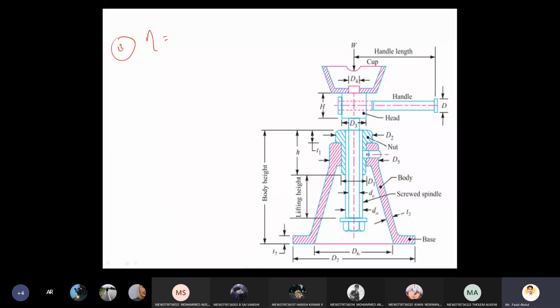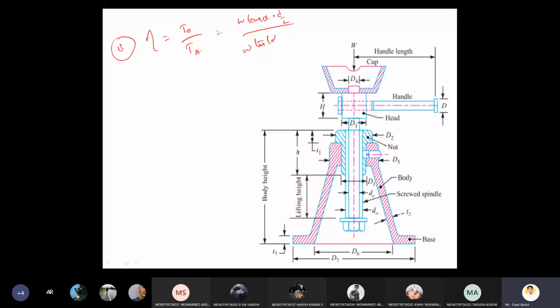Efficiency of this screw jack is nothing but torque required in ideal condition by actual torque. T naught is the ideal condition, T is the actual condition, right? So what is the torque required? This is the general equation, T equals W into tan alpha plus phi into D by 2.